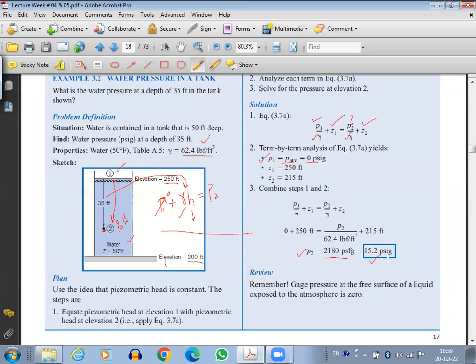This is in PSIG. When you convert pound per square foot to pound per square inch, it will be divided by 144, I think. Square inch and square foot are not the same.